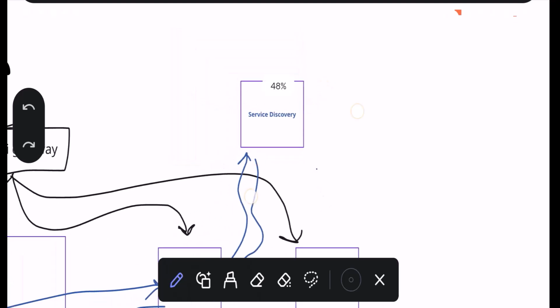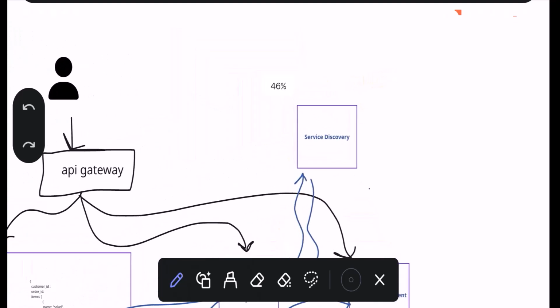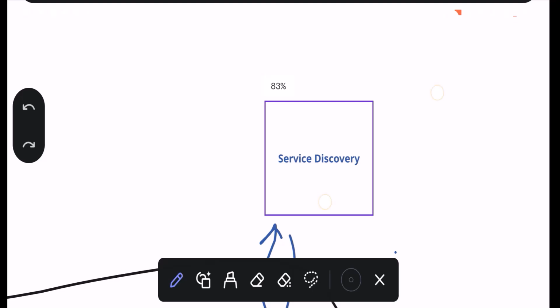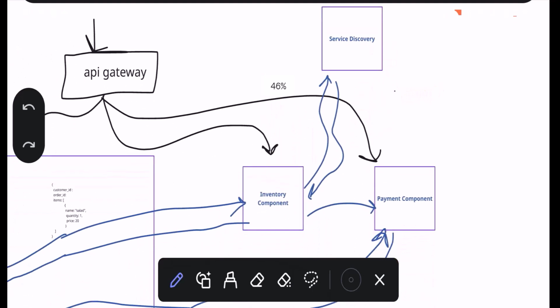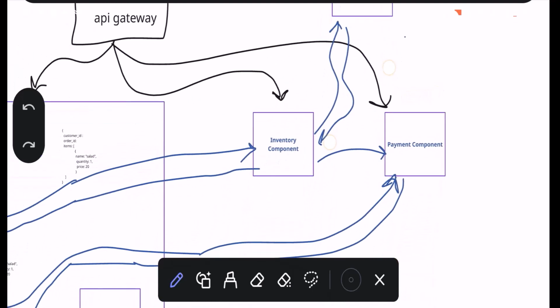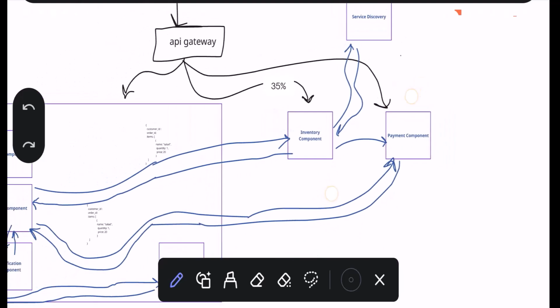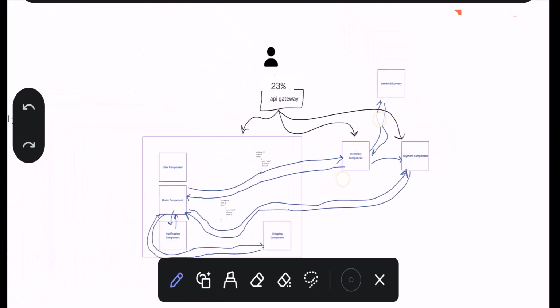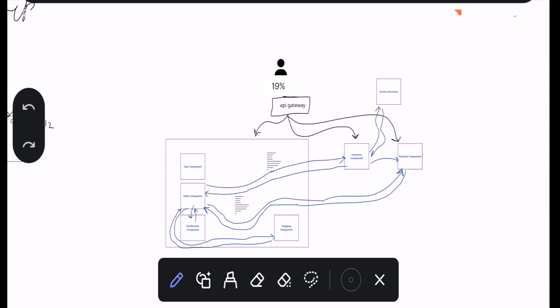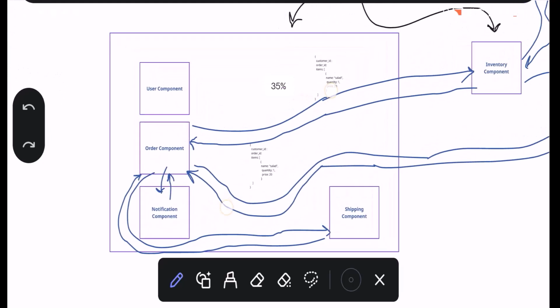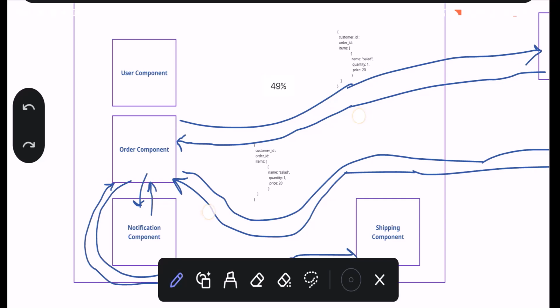So as I told you in my component section video, this will return the result to the payment service, and payment service will easily call the inventory service.